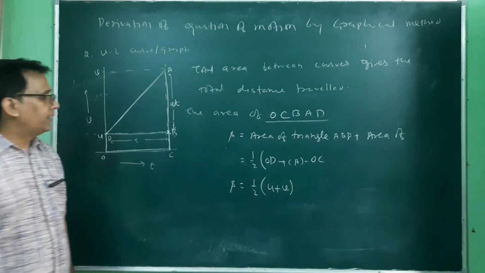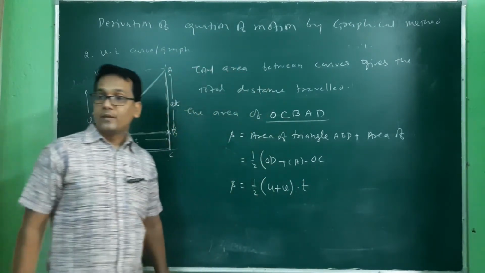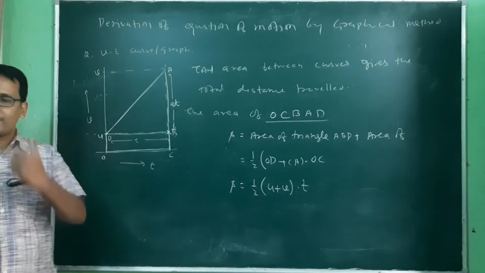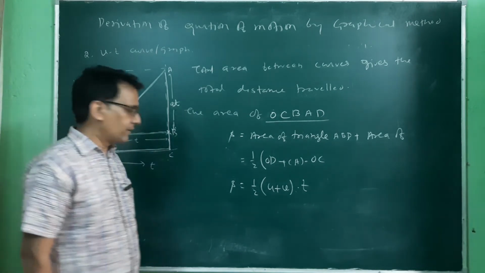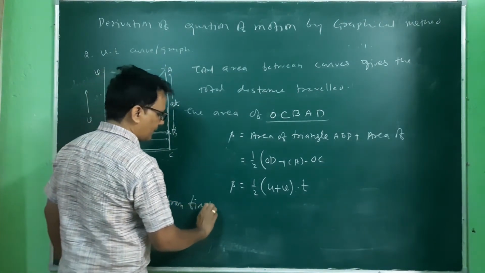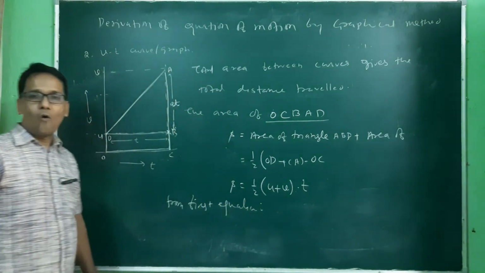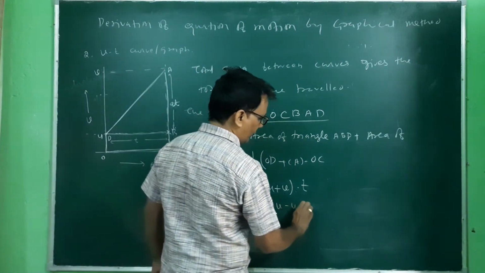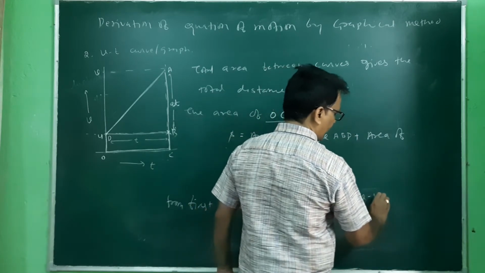Okay, and OC is equal to the time t, but in the third equation there is no time term, so we have to replace this time term in terms of acceleration and the initial and final velocity. So from the first equation, v minus u is equal to at, or t is equal to v minus u by a.